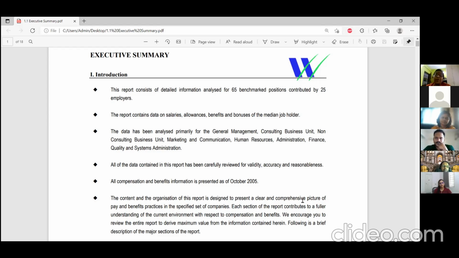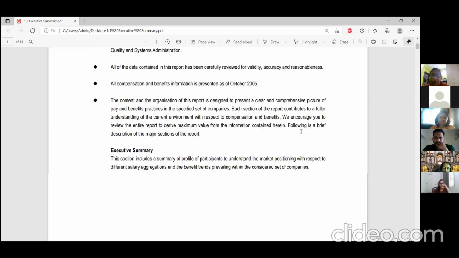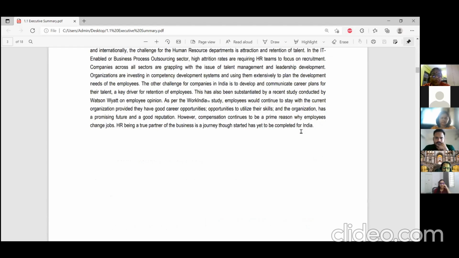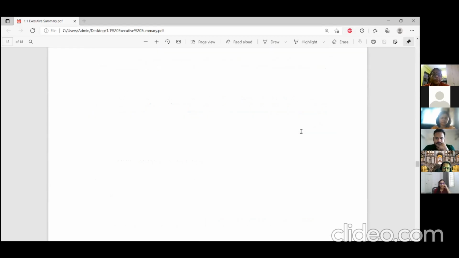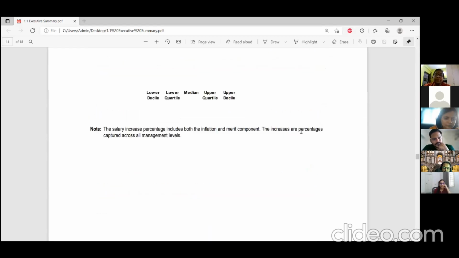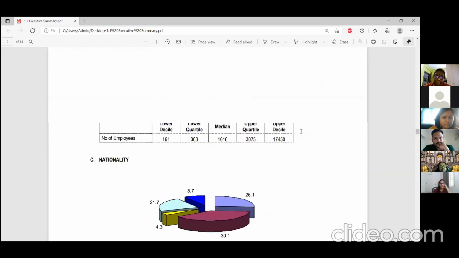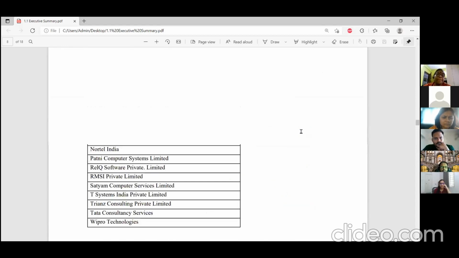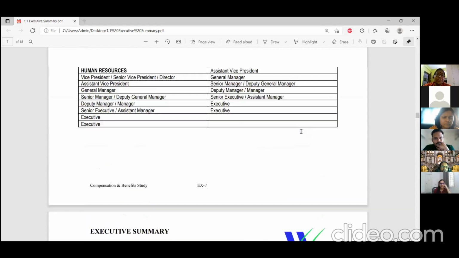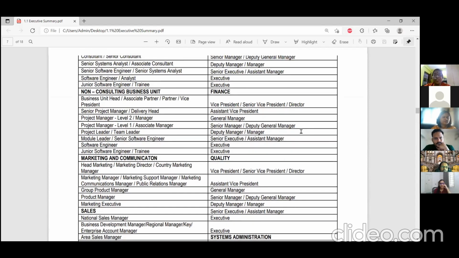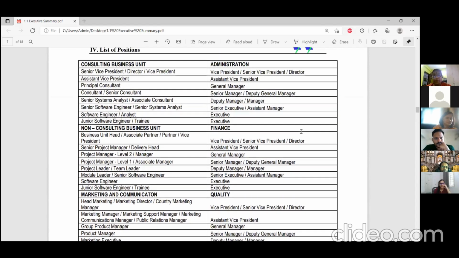Now, for example, here 65 benchmark positions are there, and this data is collected from 25 employers. Now, when I say benchmarked position, guys, in this report, these are the positions for which they have collected data from 25 companies.